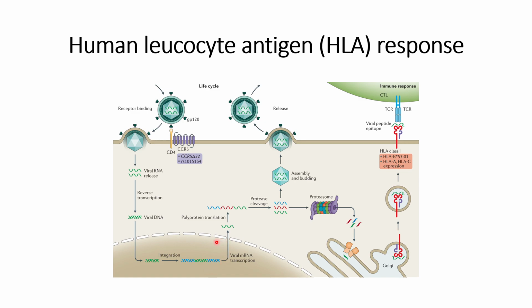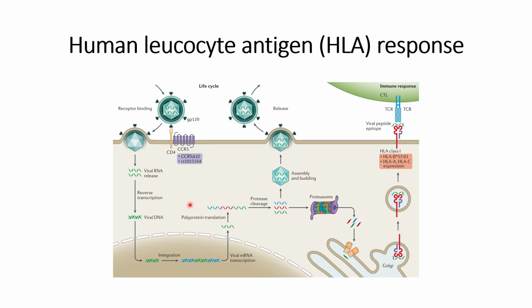Then the translation process occurs, which is polyprotein translation, and the protease that comes with the virus helps to cleave them into a form that can assemble and proceed towards budding, and then it releases from the cell and can infect other cells.